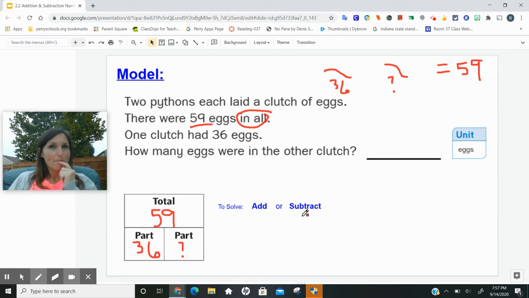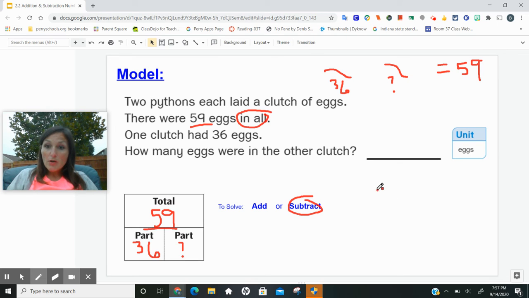What do you think? That's right. If I know the total and I know one of the parts, my hand makes that subtraction symbol, that difference. So I'm going to be doing 59 minus 36. So I know I'm supposed to subtract.